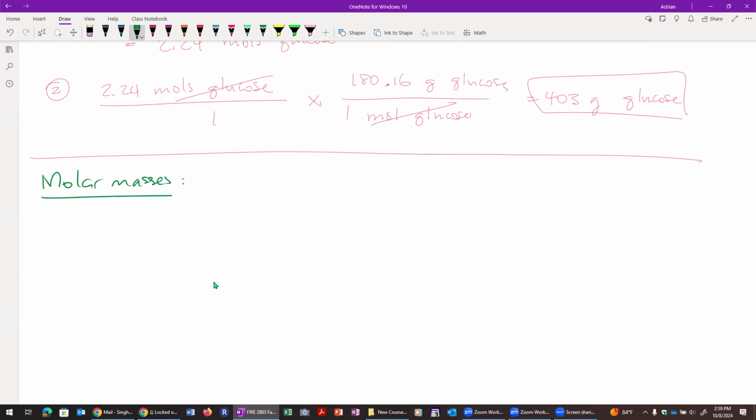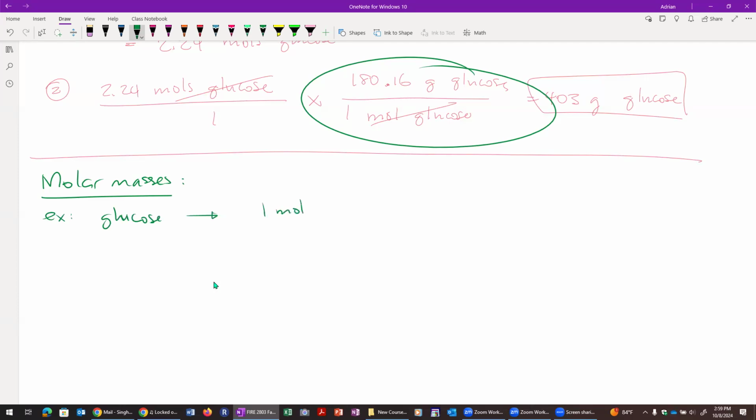We just calculated the molar mass of glucose, but sometimes you'll be given molar masses. For glucose, we know that 1 mole is equal to 180.16 grams.